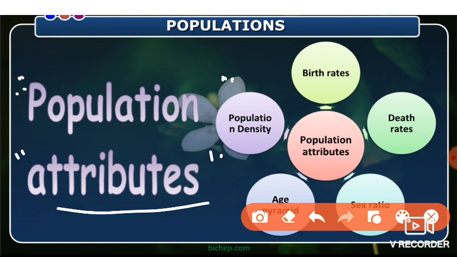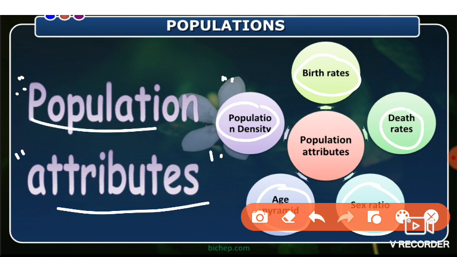That we'll study here. Here some are given: birth rate, death rate, population density, age pyramids, sex ratio. These are all the attributes of a population, different types of attributes, and we'll study these individually.